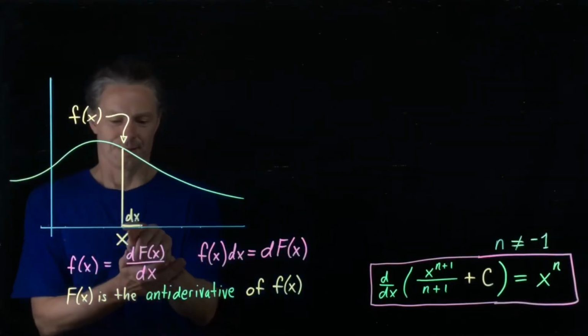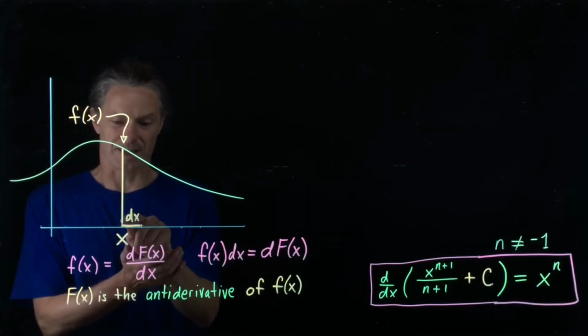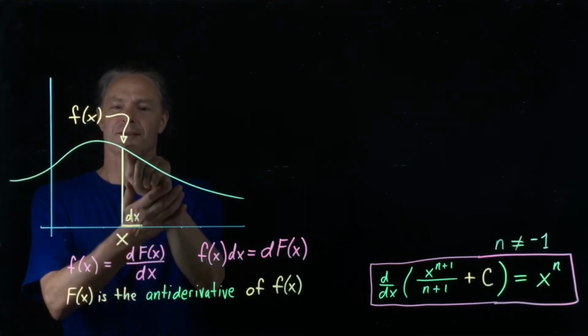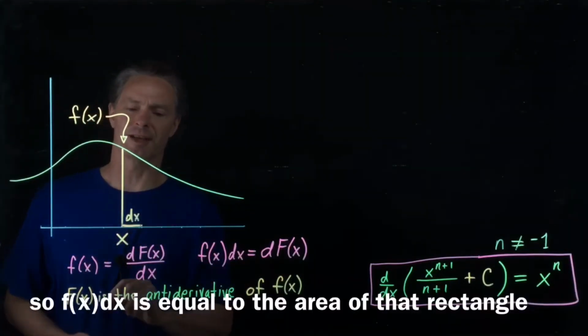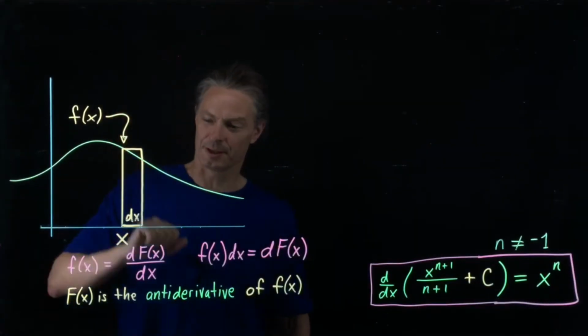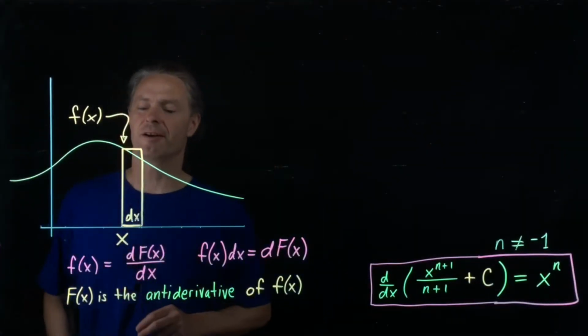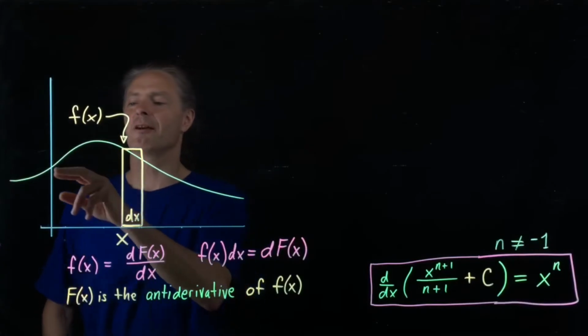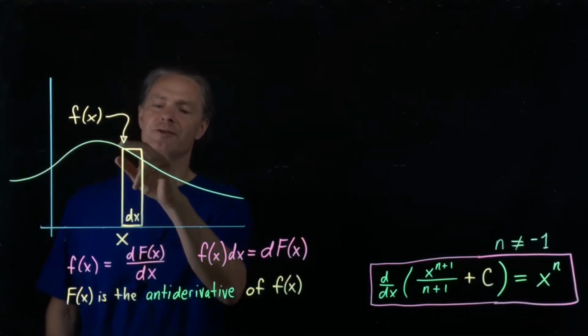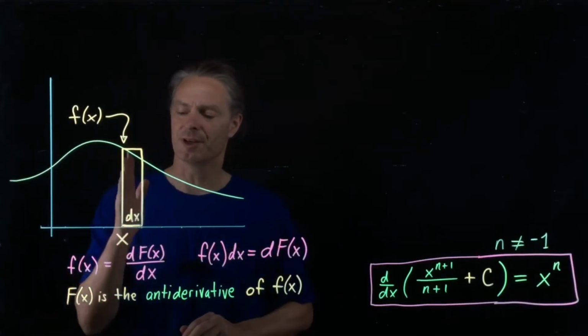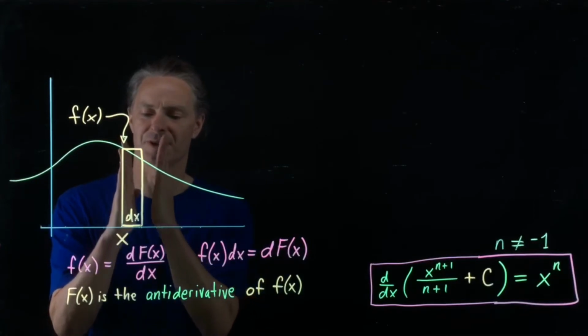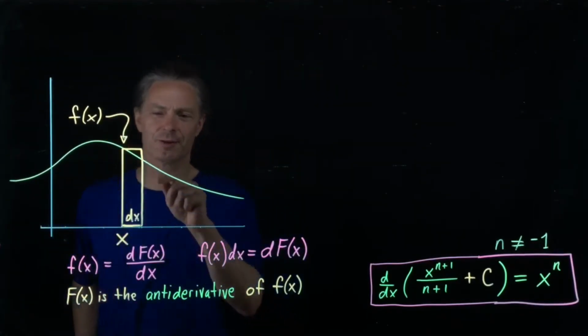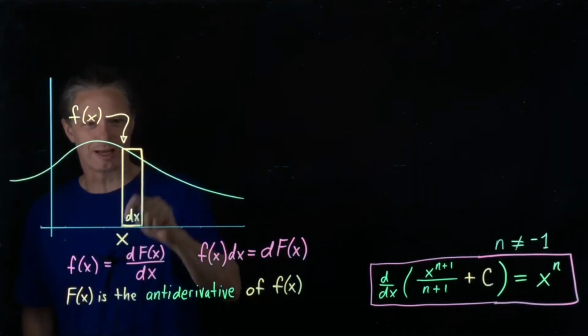All right, so this width dx and this height, little f of x, defines a rectangle. Looking at this rectangle, we see that its area is approximately equal to the area under the f of x versus x curve in the region from x to x plus dx. The only difference is this little overlap region right here.